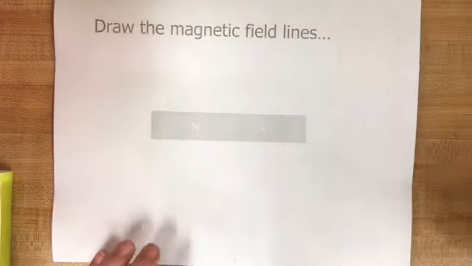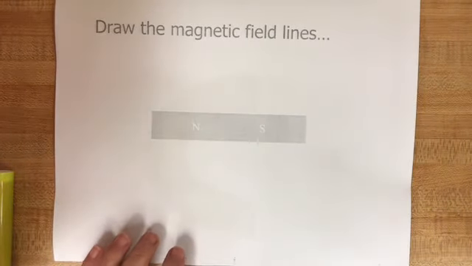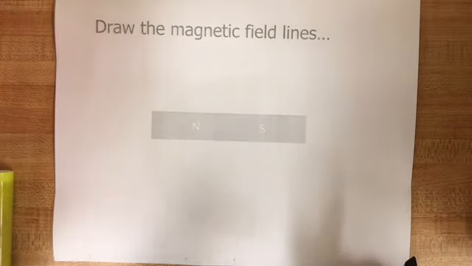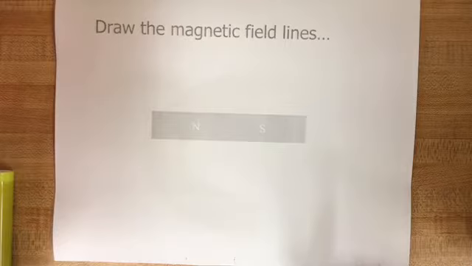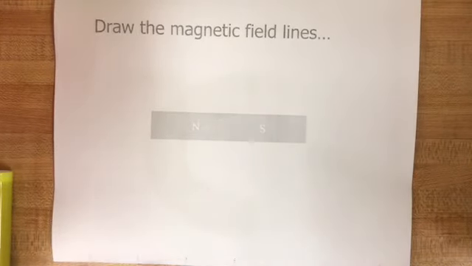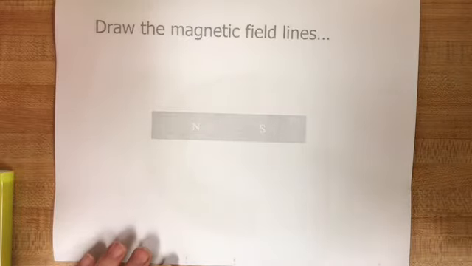Just like electricity. Okay, the next few slides, you're going to have to draw in your notes, or not necessarily draw them because the exam is multiple choice, but you've got to be able to pick out the correct drawing for the magnets given to you.